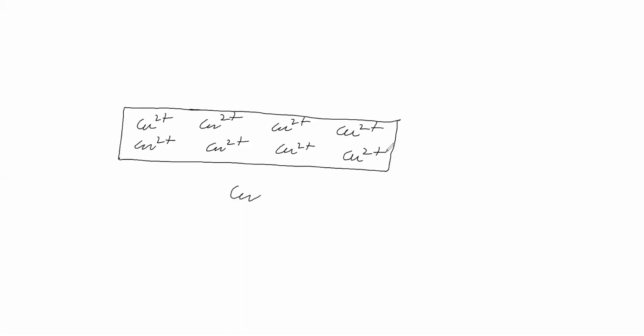Each copper atom becomes a copper cation by losing 2 electrons. These 2 electrons form the electron cloud.